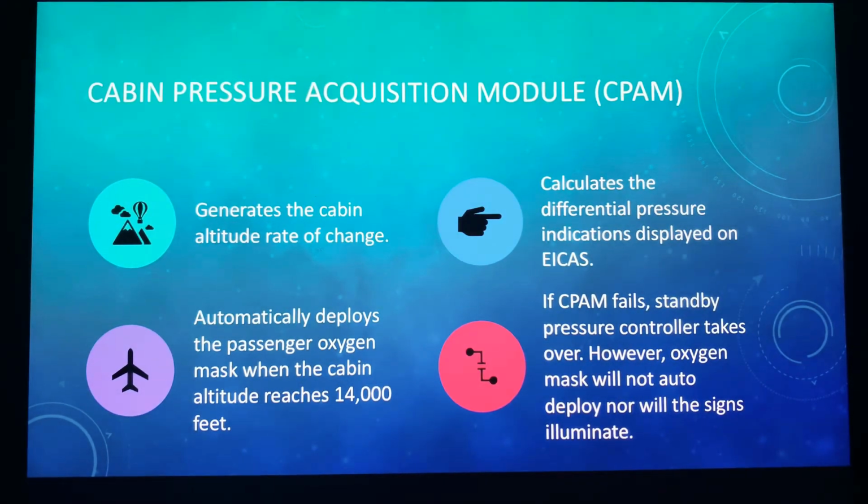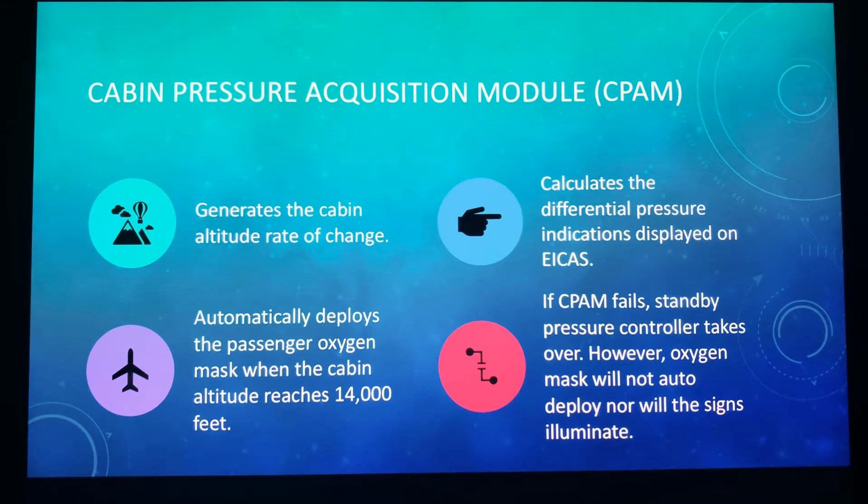The cabin pressure acquisition module, also known as CPAM, is the next component of the pressurization system. It generates the cabin altitude rate of change and calculates the differential pressure indications displayed on the ICAS.